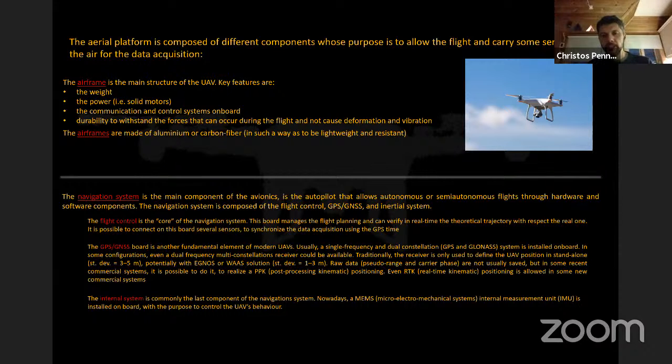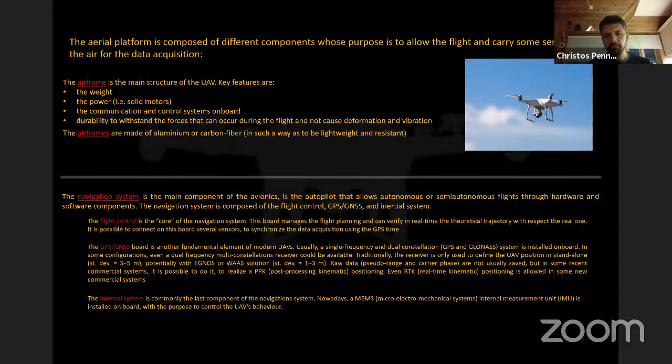Traditionally, the receiver is only used to define the UAV position in standalone. So the standard deviation, the accuracy of this sensor, is around 3 to 5 meters, and that can go lower with a system like EGNOS or WAAS, down to 1 to 3 meter accuracy.